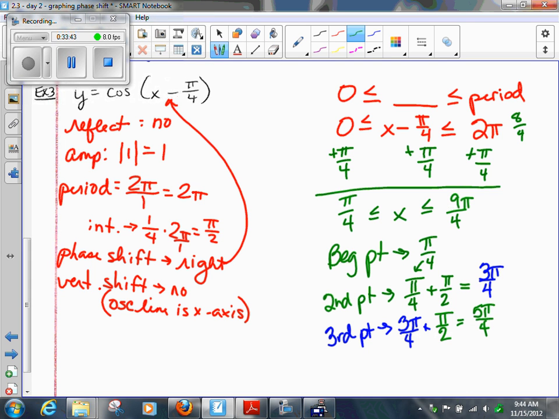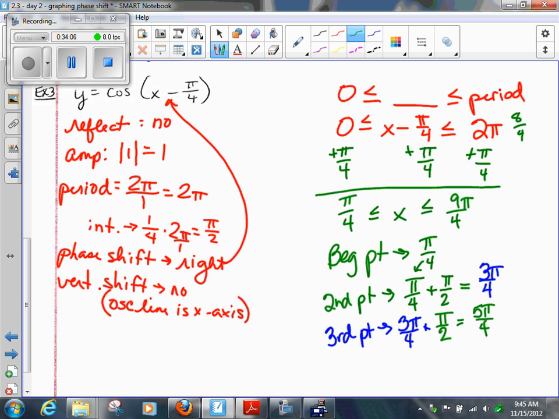Everybody can't do it in their head. Be patient. Breathe. It will put you in a Zen-like place where you need to be. Okay. 5 pi over 4.